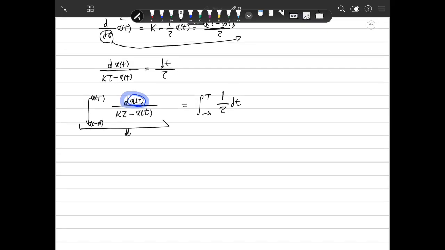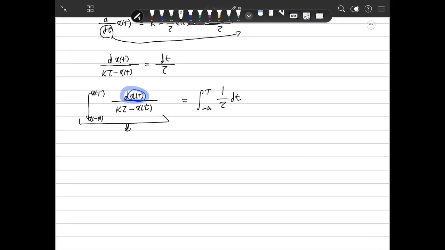So that will be ln of x minus k tau. Then this is one over tau, t, and because when time is infinite it is 0, that will be minus 1 over tau t plus the integral constant.